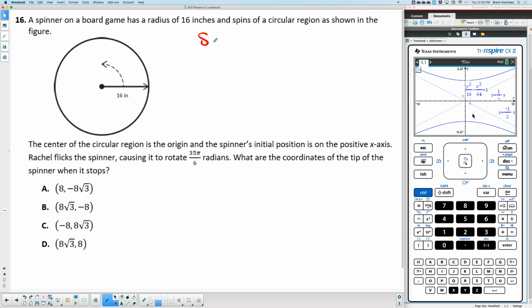I want you to think of what sine is. What is sine? Y over h. Sine is y. What is cos? X over h.